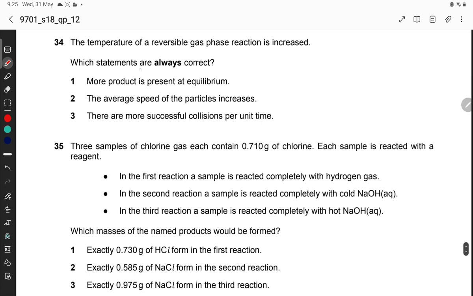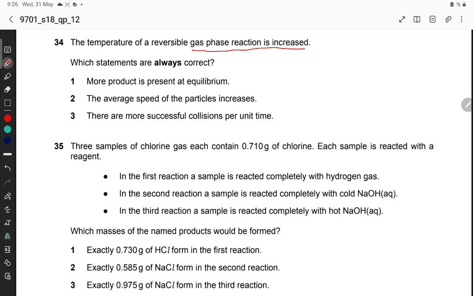Question number 34, the temperature of a reversible gas phase reaction is increased. Which statements are always correct? More product is present at equilibrium.